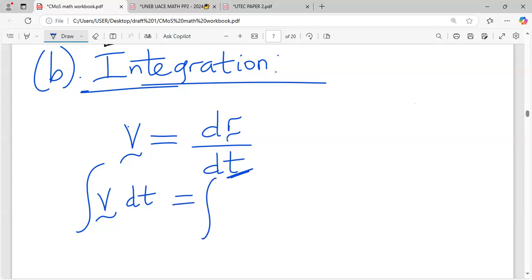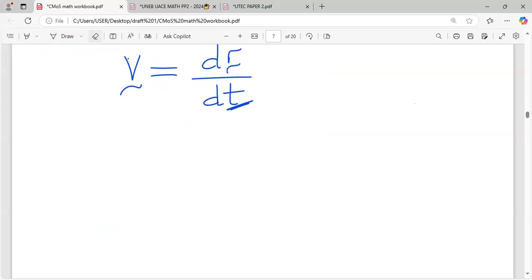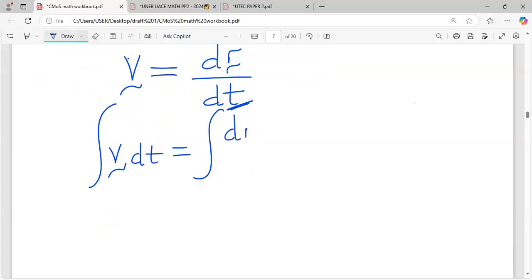Introduce integral signs. I will have this of dt, so dr out of t dt.